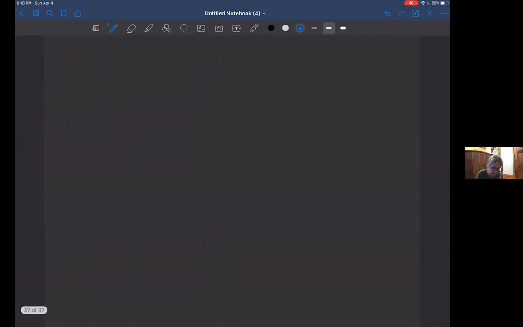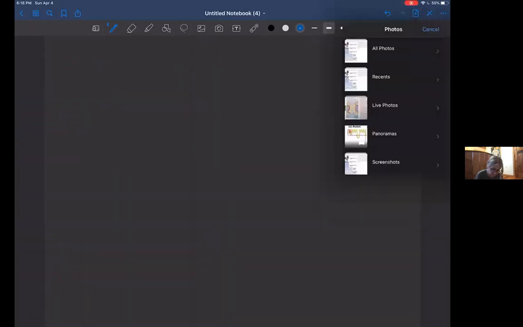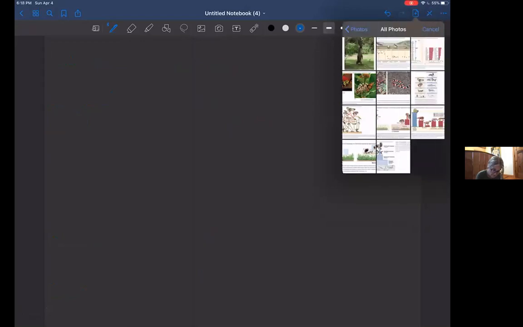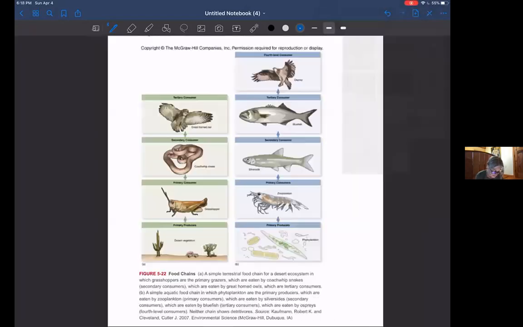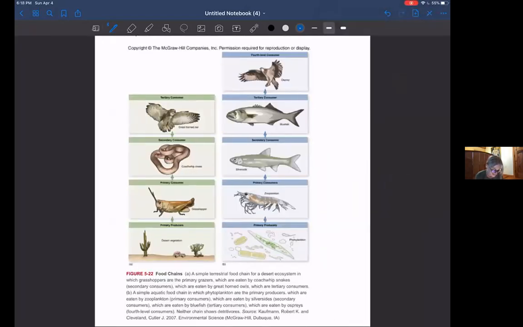So let's look at a diagram of a set of specific food chains. Here we have the producers on the bottom. This would be the phytoplankton. This would be, in this case, desert vegetation. So this is a terrestrial and aquatic. We have the zooplankton being eaten by a bigger fish, being eaten by a bigger fish.